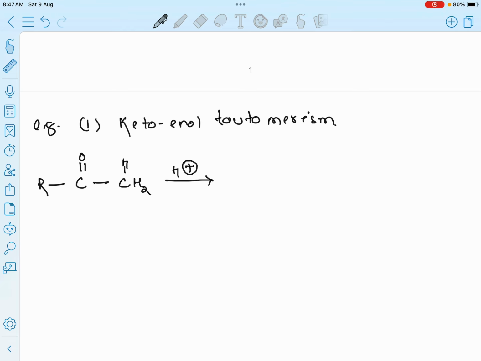What will happen? The oxygen has a lone pair, there is electron density. It will attract the proton towards itself, and due to which there is a creation of positive charge density over the oxygen atom.